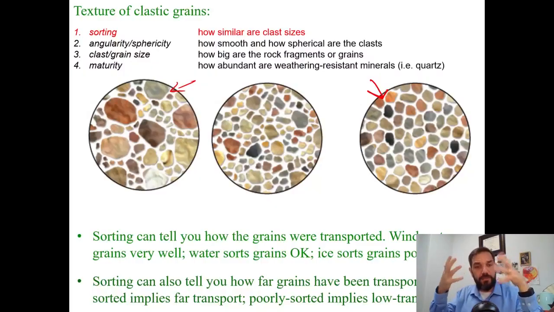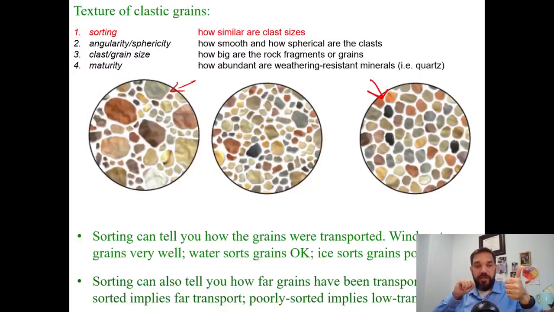If it has experienced a lot of transportation, that means it's been bumped along a riverbed for a long time, or bumped along by winds for a long time and carried very far and processed by the winds or by glaciers or whatever, you are going to get progressively more and more sorting. So if you find a very well sorted sandstone, you know that it's undergone a lot of transportation. It can also tell you something about the mode of transport, whether it was by wind, water, or ice.